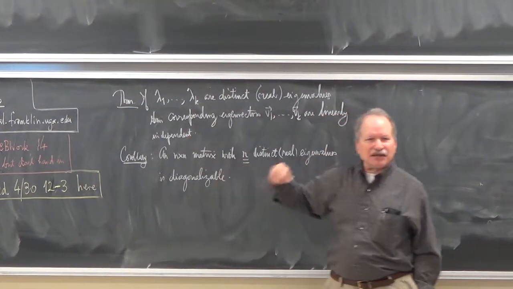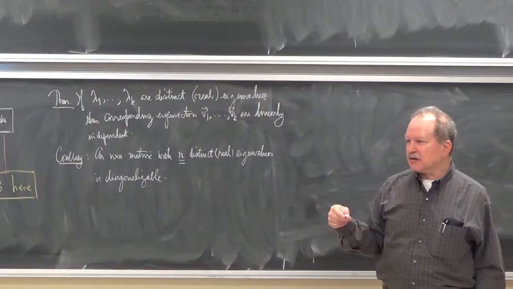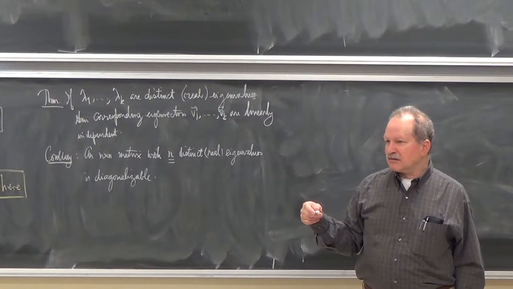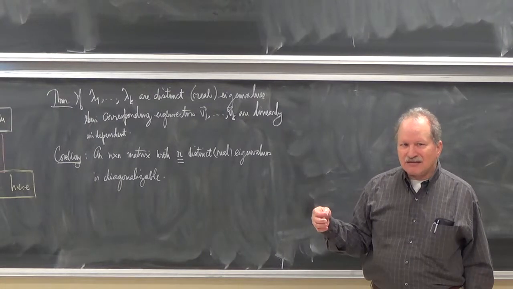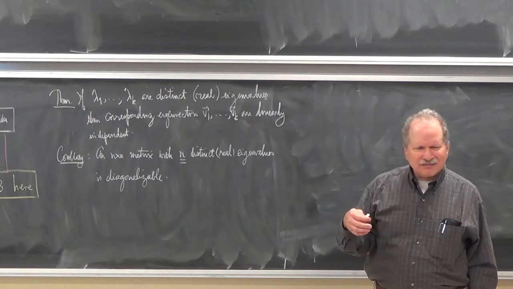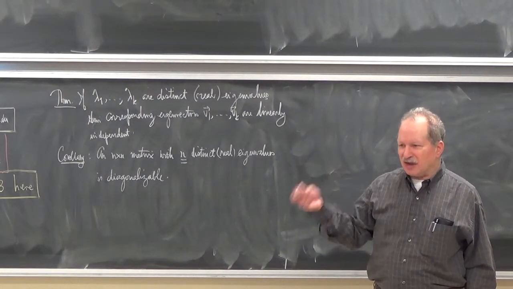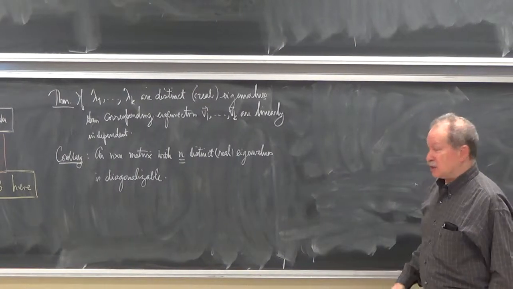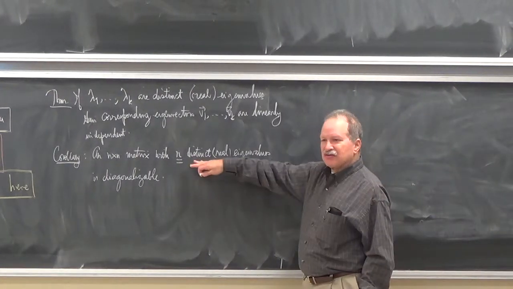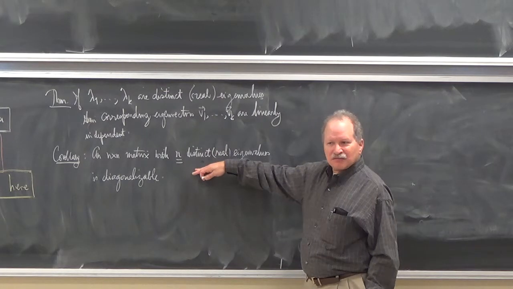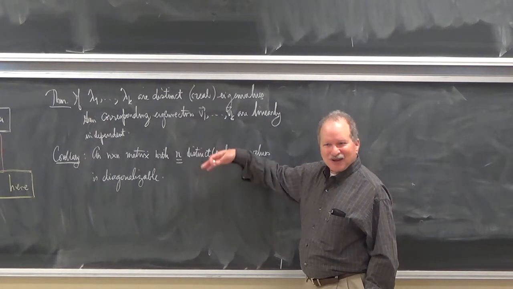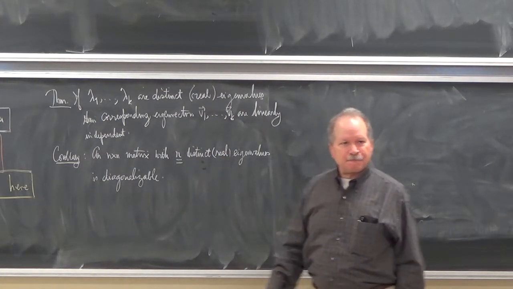And if you have n linearly independent vectors in R^n, they span and therefore form a basis, right? So you have a basis consisting of eigenvectors, which means you can use the change of basis formula and diagonalize. What happens if they're not real?